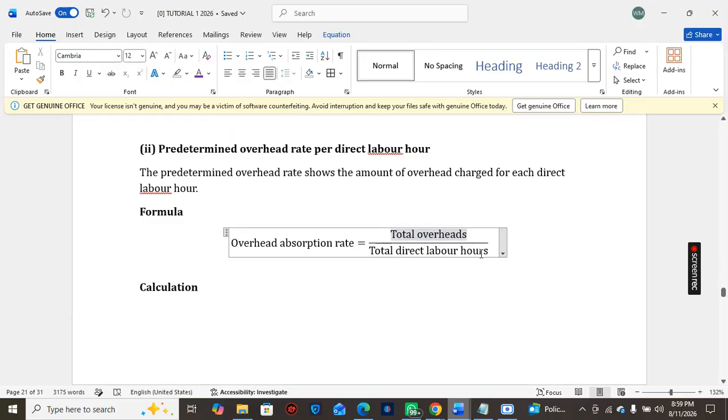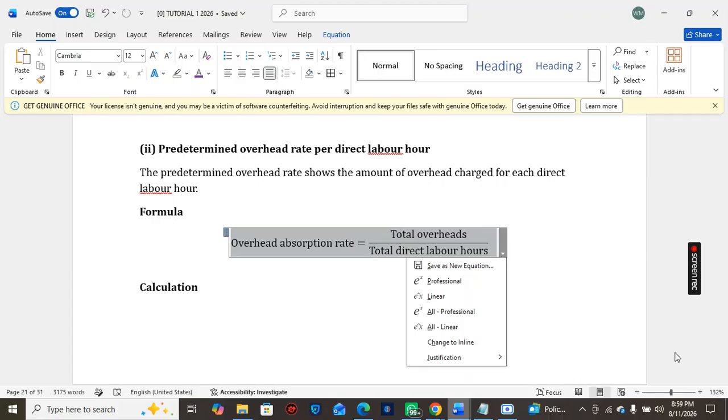The reason why we're doing this is so that we can get the full cost per unit. Because the direct materials cost per unit and the direct labor cost per unit, you'll be able to tabulate it. But the overheads, the rent that you pay, the insurance that you pay for the shawarma stand, the depreciation of the shawarma machine.